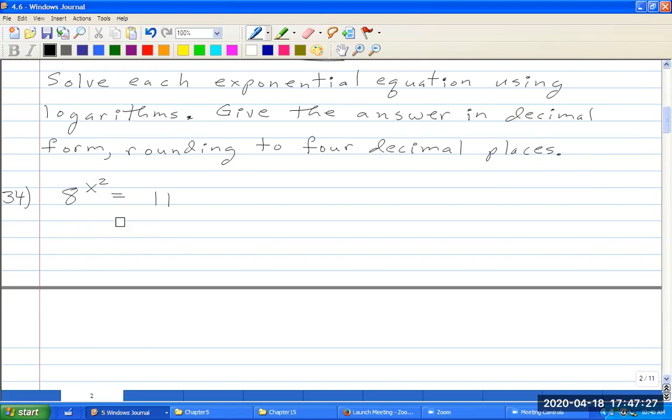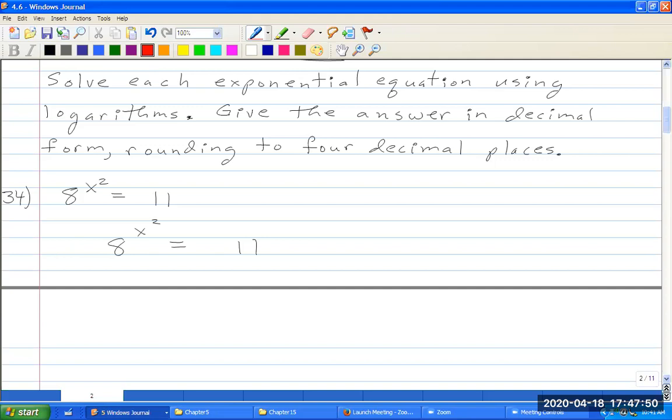Now, I can use any base I want, but again, since we always like to use the natural logarithm, I'll just use the natural logarithm.